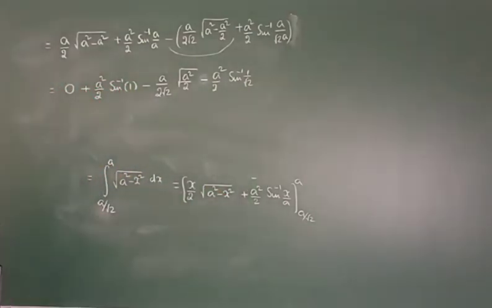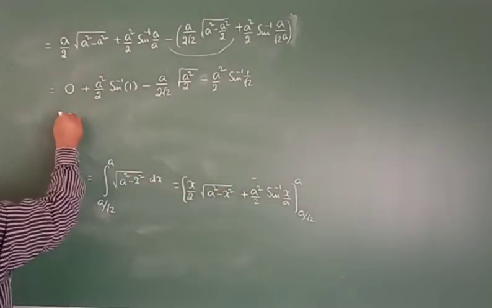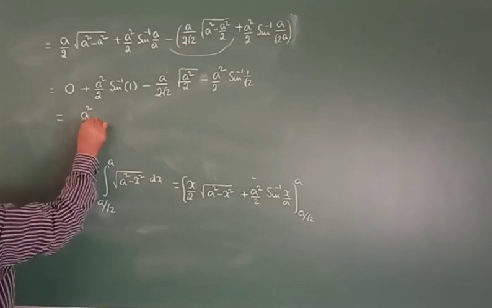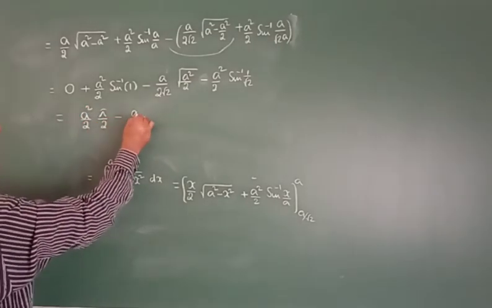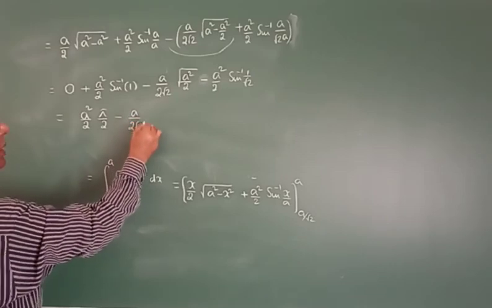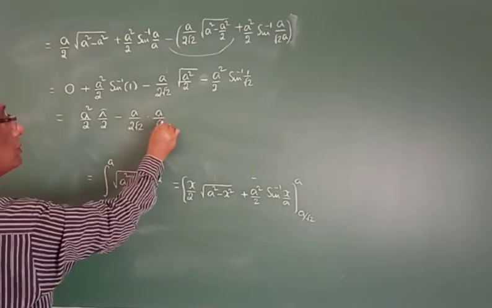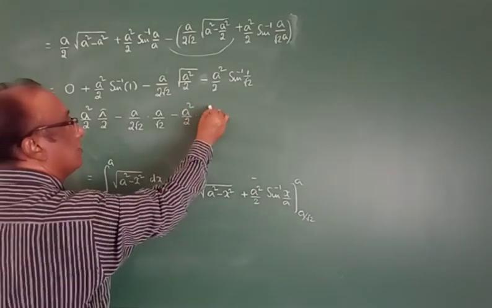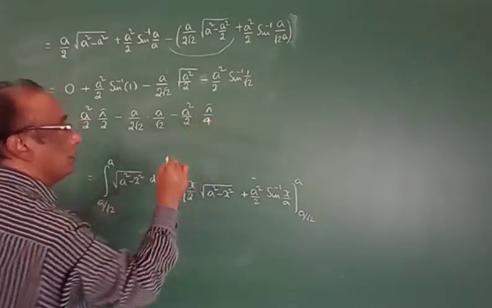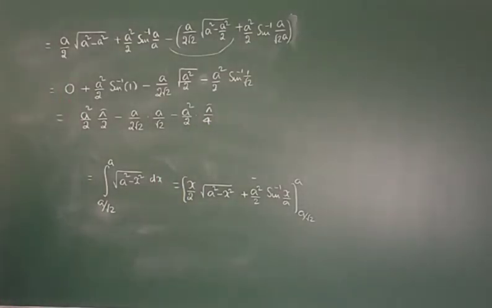Write down the values. So a square by 2 sin inverse of 1 is pi by 2, minus a by 2 root 2 times a by root 2, minus a square by 2 sin inverse of 1 by root 2, which is pi by 4. Right, simplify, everyone.